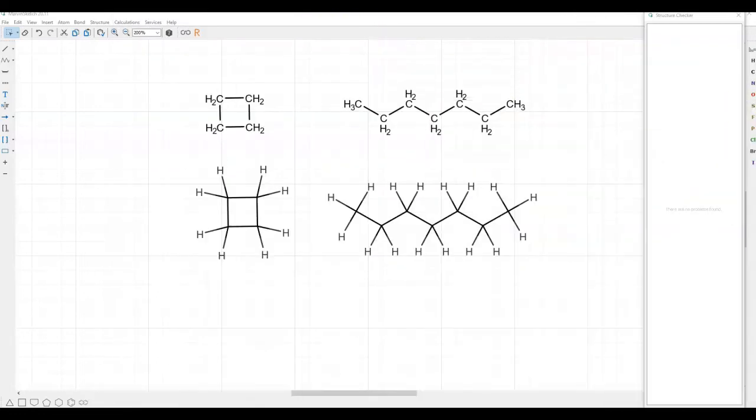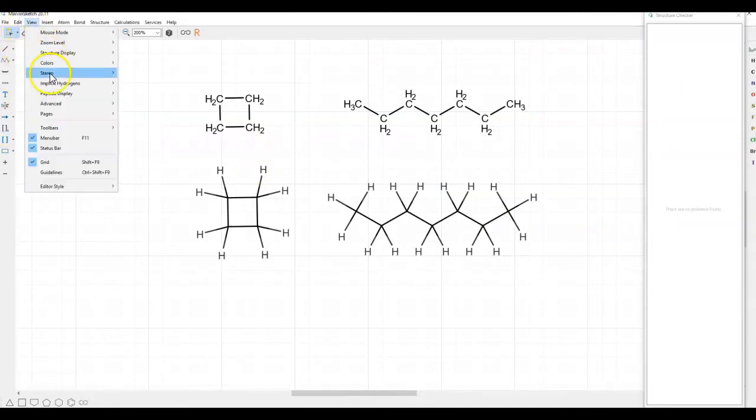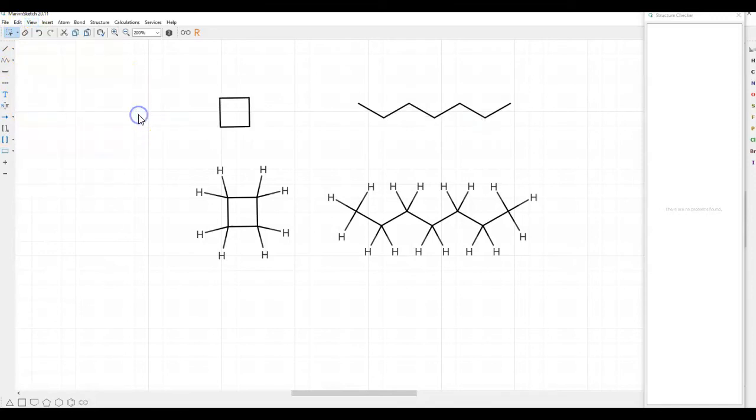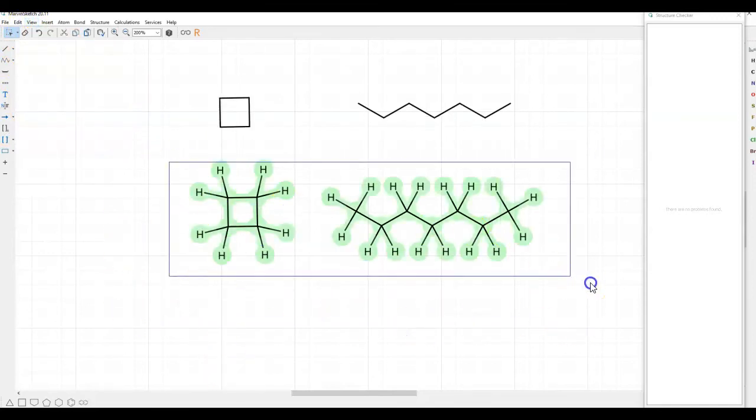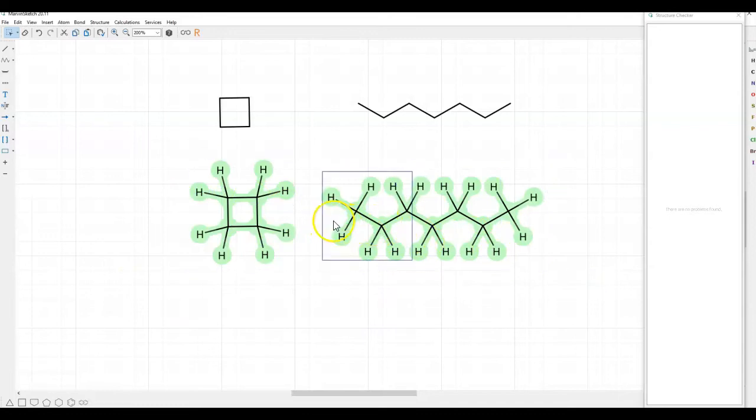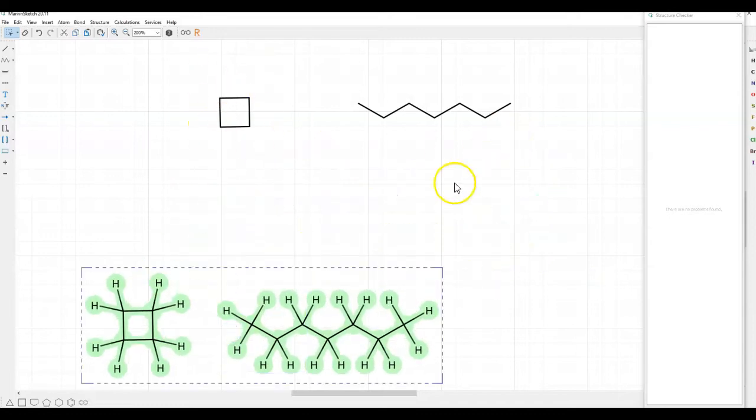The other way we can do this is using line diagrams, and a lot of students like to use line diagrams. So you can ignore these for now. Maybe I'll just move these out of the way. These are line diagrams of the same things down here. I don't mind you using line diagrams.